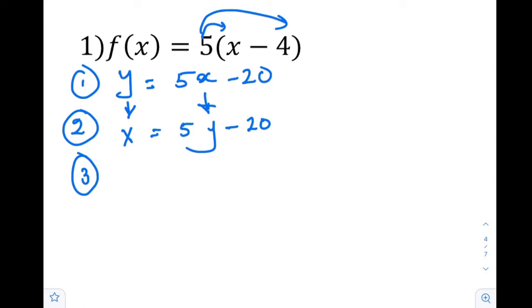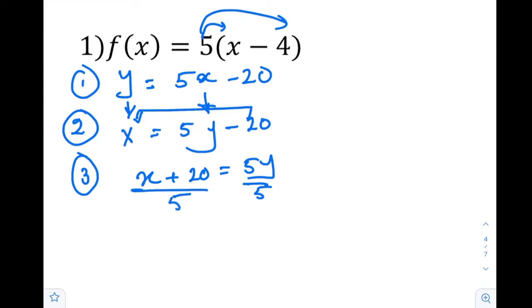Step 3, solve for y. I need y alone, so I'll take this negative 20 to that side, and then divide by 5. So my y is x plus 20 over 5.